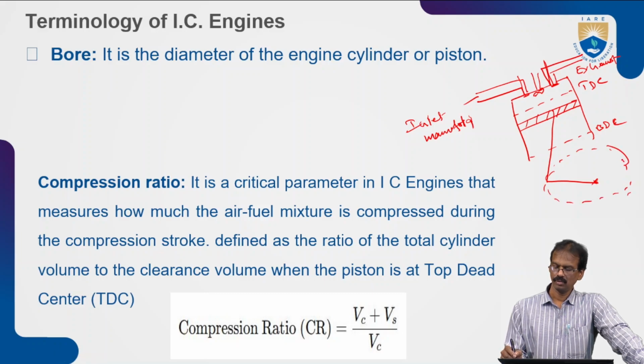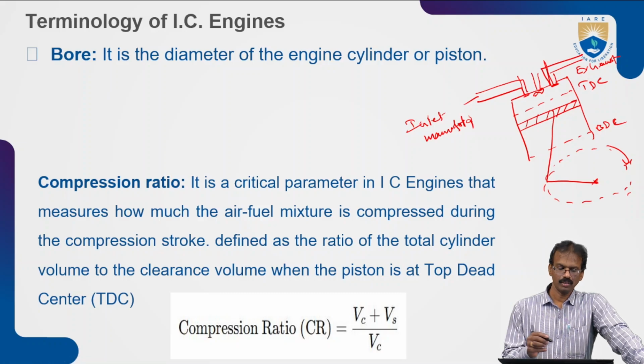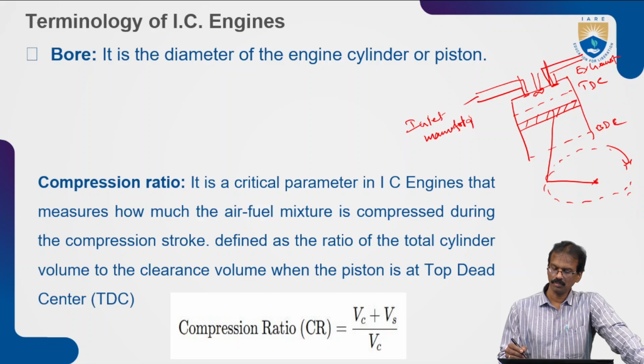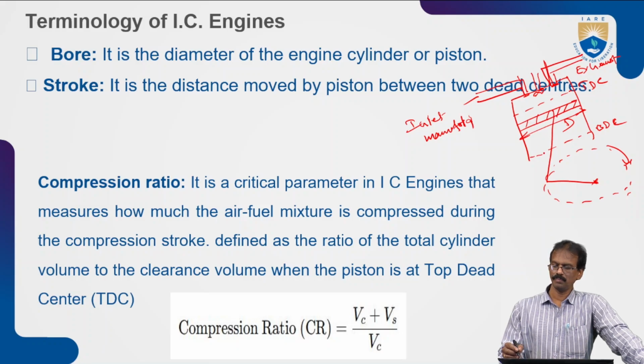So this is just like a block diagram. Bore is nothing but the outside diameter of the piston or the inside diameter of the cylinder. This is the bore, represented by D. Next one is the stroke. Stroke is nothing but the piston moving from top dead center to bottom dead center.